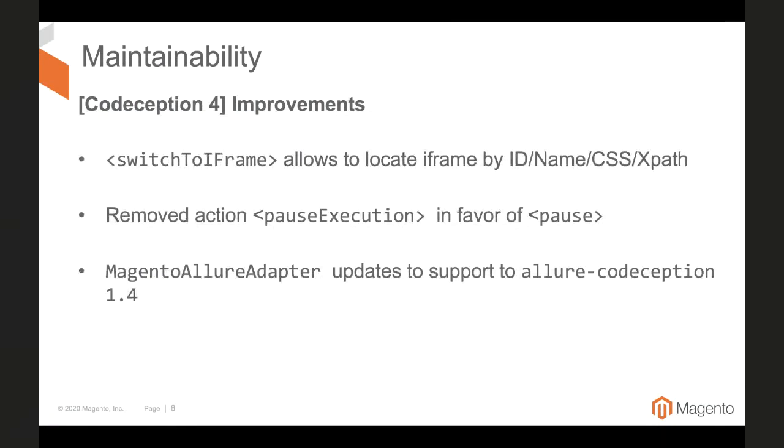So we've overridden this function to include identification by ID, name, CSS, and XPath in order to preserve backward compatibility with existing tests. You should be able to use CSS and XPath going forward as well for locators in switch to iframe.